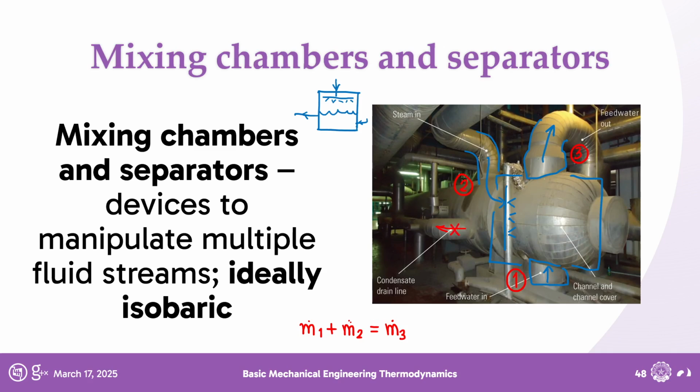And then, what about the conservation of energy? It tells us that the incoming enthalpy should equate to the outgoing enthalpy, aka H1 plus H2 is equal to H3. That is also valid, right?